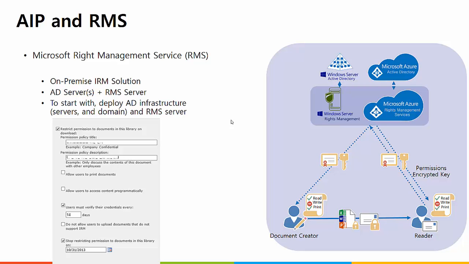And there is also an on-premise solution, which is RMS, Rights Management Services. Actually, there is Azure RMS too, but the term Azure RMS is not being used anymore. And this is for on-premise RMS, which has a server in your infrastructure, in your network.